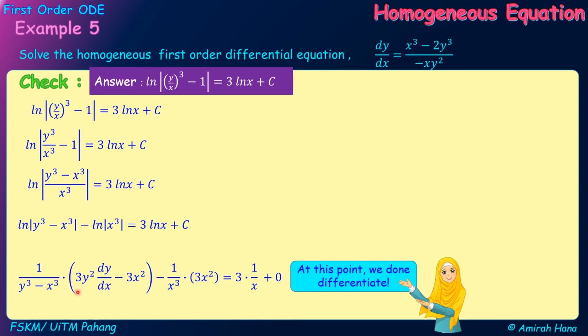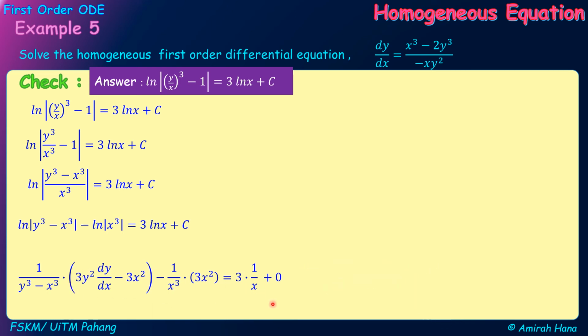At this point, we are done differentiating. So now we can simplify. We simplify x squared and x cubed here. So we get 3y squared dy over dx minus 3x squared in the numerator, and then over y cubed minus x cubed.